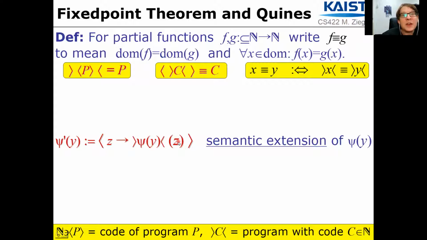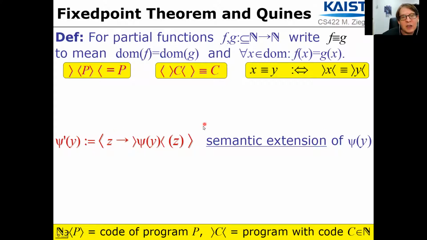And now we let z vary, so that the new program receives z as argument, and y is fixed, hard-coded. This now represents a new program, the program that receives z as argument, and then executes the program represented by this number on z.